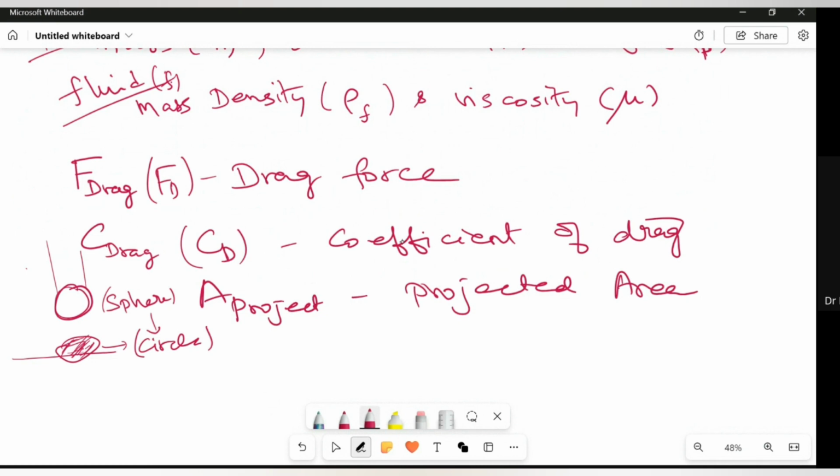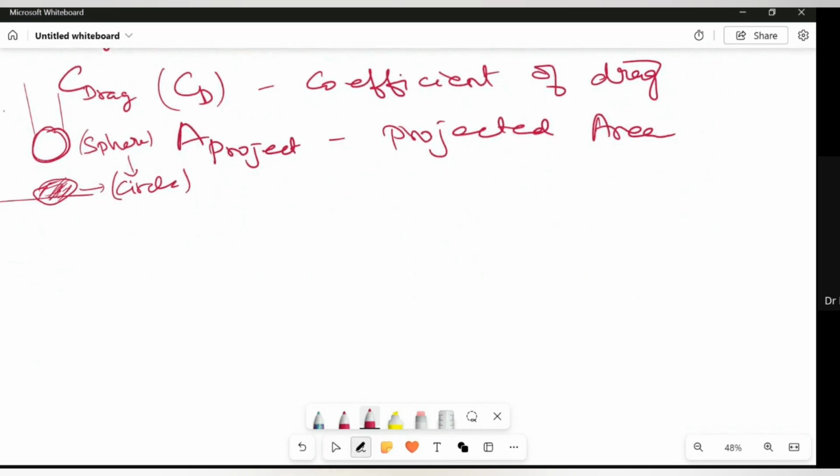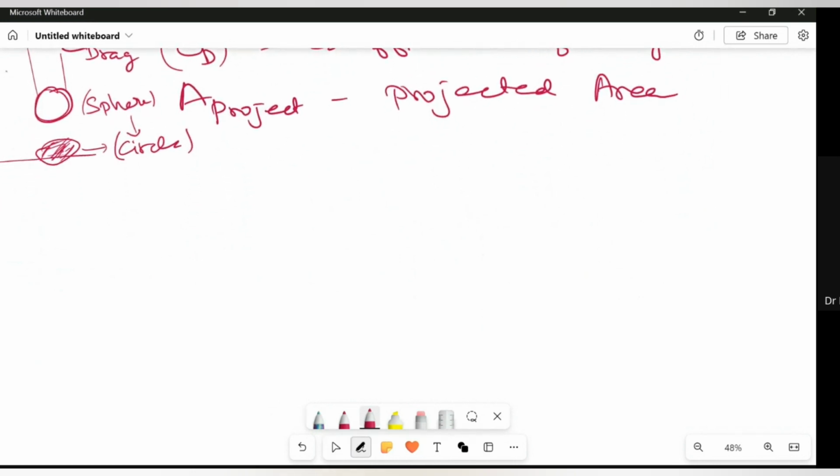So three forces are acting on the particle as it is moving down. What are the three forces? One is the drag force, then you have the buoyant force, and you have the gravitational force.